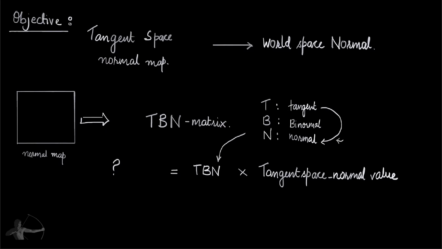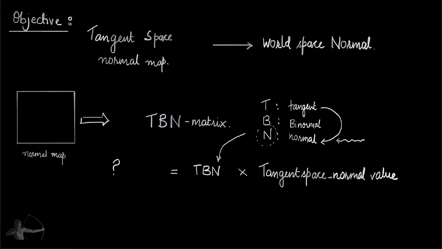And the result of the multiplication by the TBN matrix depends on what type of normal it is. If it is an object space normal, then we are going to get object space normal values when we multiply the TBN matrix with the tangent space normal value.